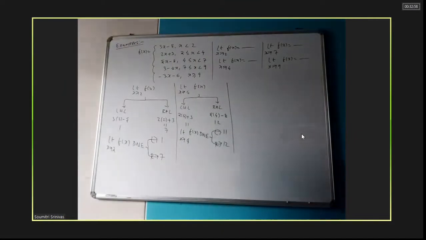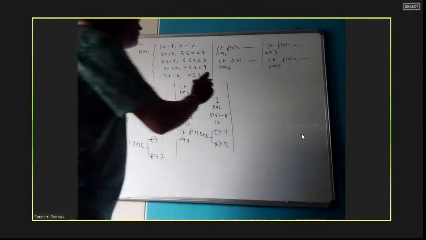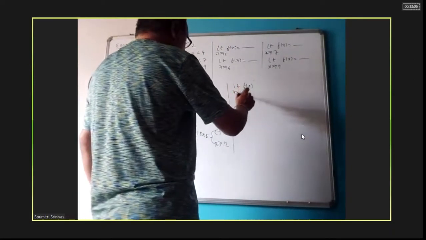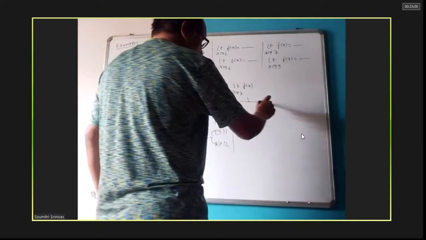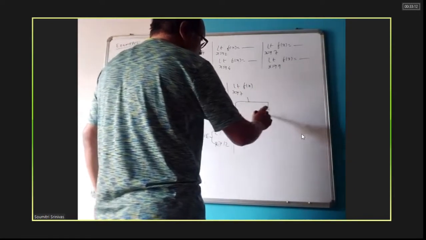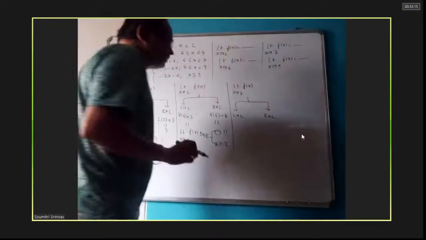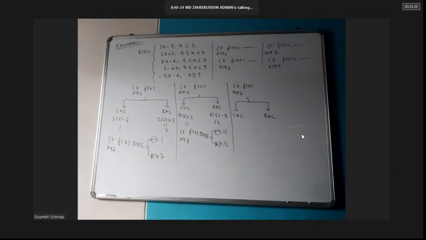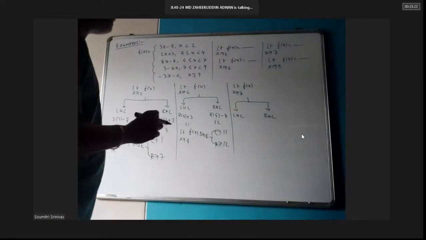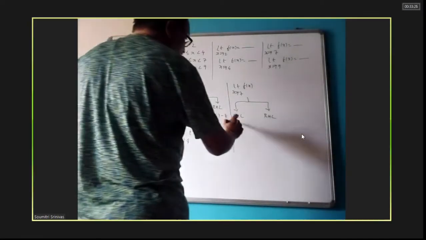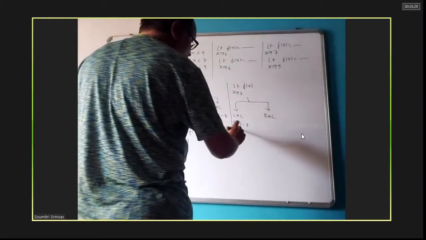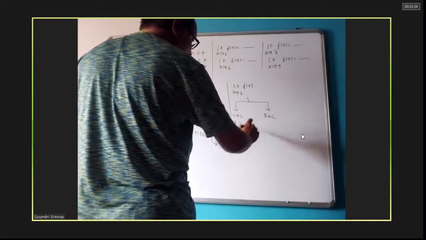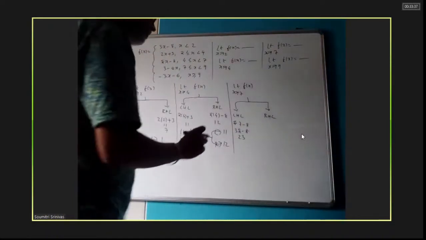Third one. Limit as x tends to 7 of f(x). What is the left hand limit? 5 into 7 minus 8, 35 minus 8, 27.